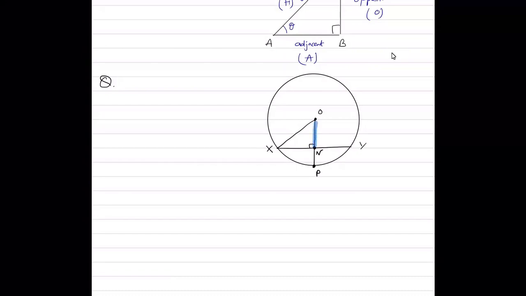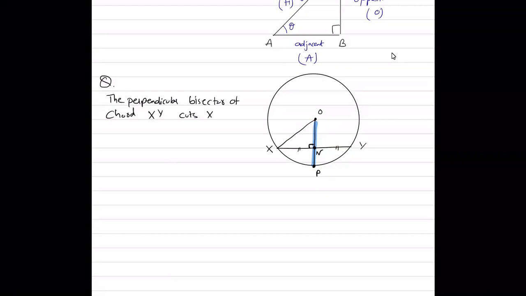This line OP is the perpendicular bisector of this chord XY, meaning it is going to divide the chord into two equal halves, and this line is going to be at 90 degrees. So the perpendicular bisector of chord XY cuts XY at N and the circle at P.